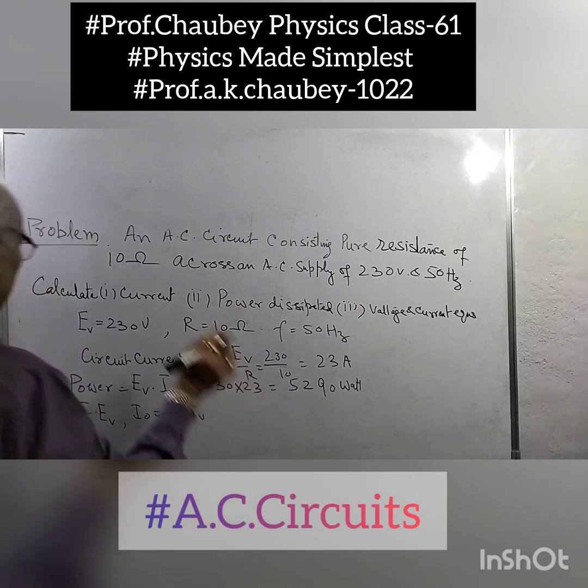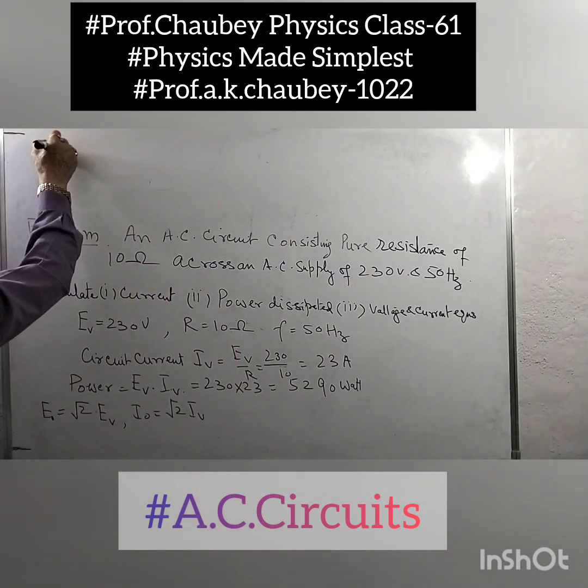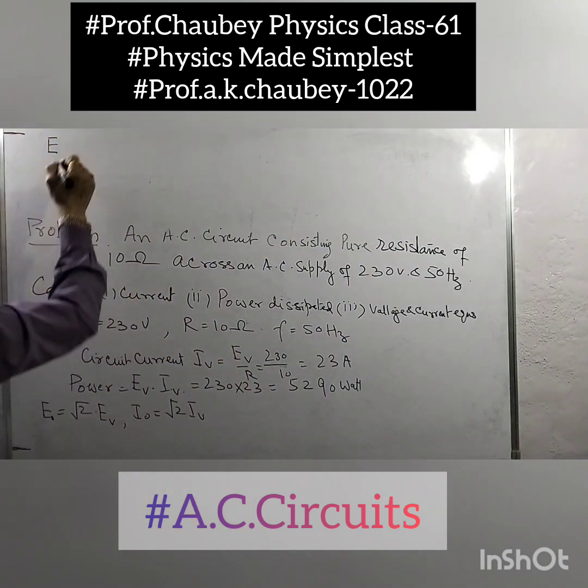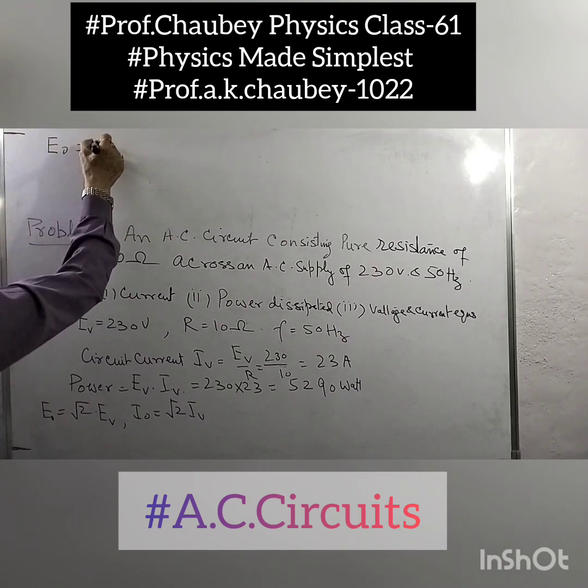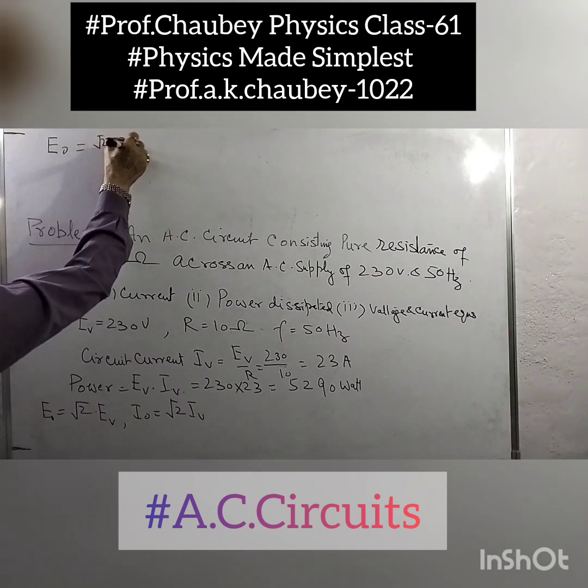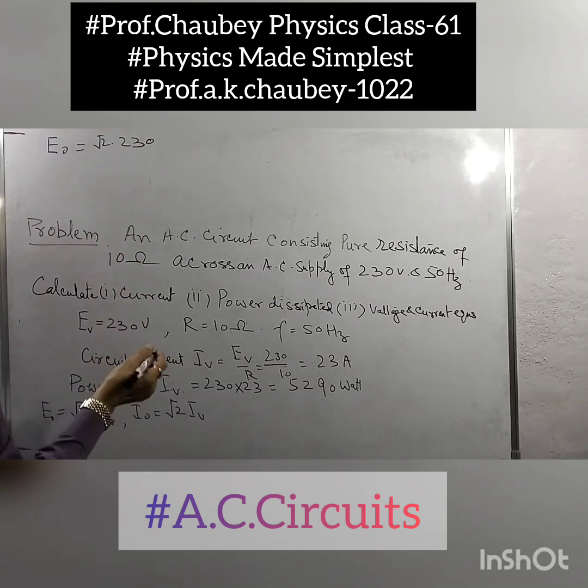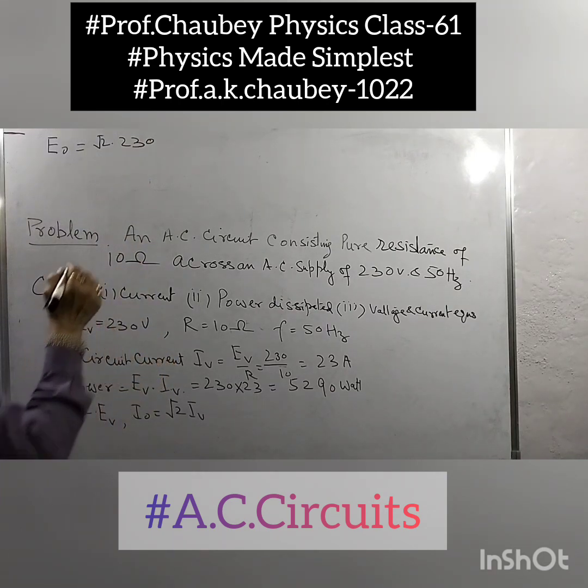So E naught is root 2 into 230. That is 1.41, so you multiply by that and you will get 325.27.